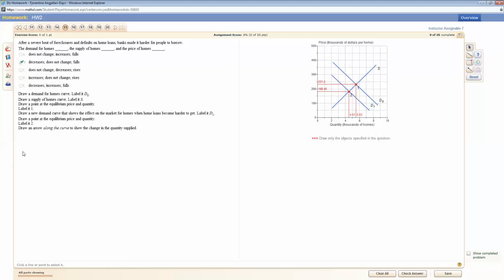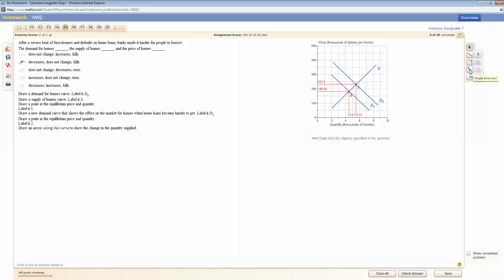So now the last thing we're asked to do is to draw an arrow along the curve to show the change in the quantity supplied. Now the quantity supplied will be represented by the supply curve. So you're now using the arrow tool, which is found as the single arrow tool on the upper right-hand side corner of your toolbox.